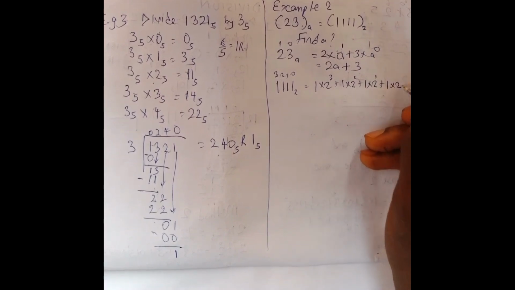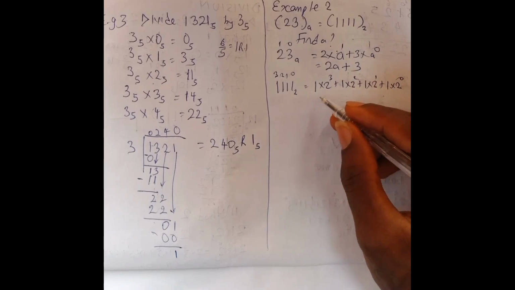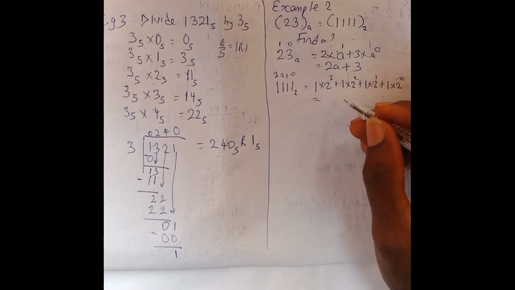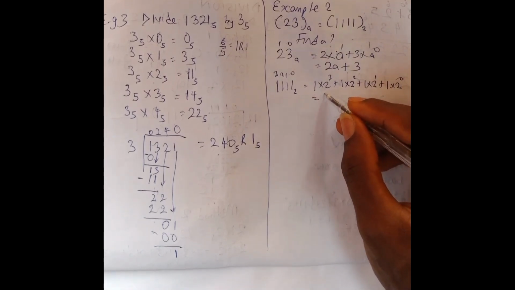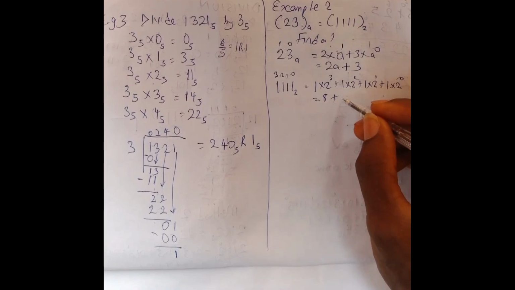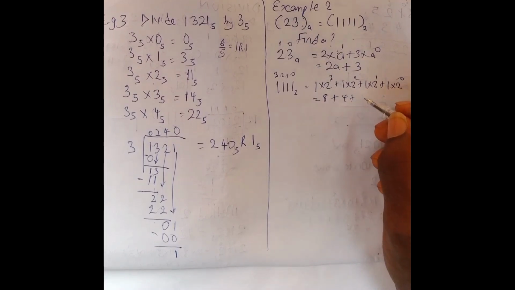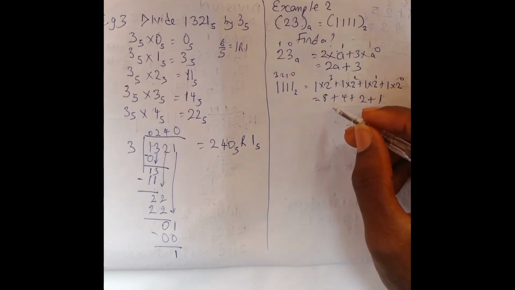So 2 raised to power 3 is 2 times 2 times 2, which is 8, times 1, 8. 2 raised to power 2 is 4, 4 times 1, 4. 2 raised to power 1 is 2, 2 times 1, 2. 2 raised to power 0 is 1, 1 times 1, 1. Add them together, you get 15 base 10.